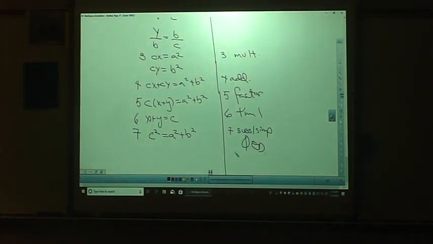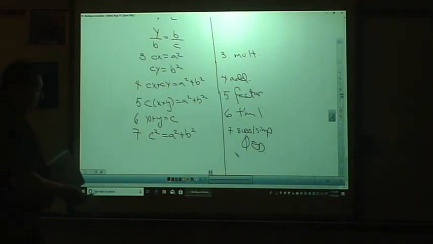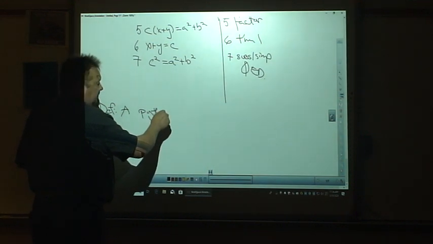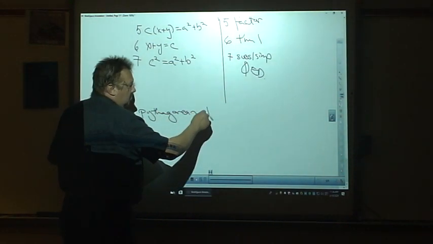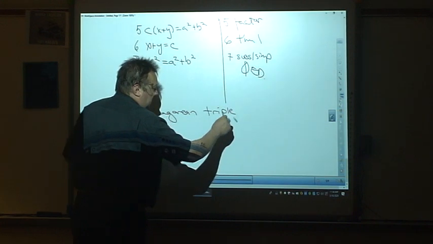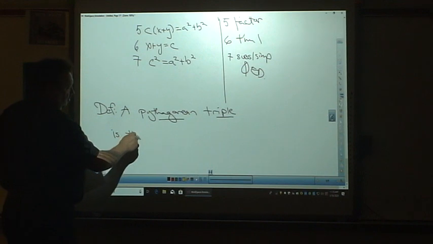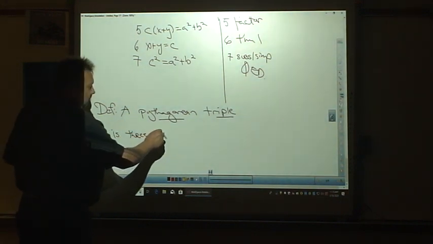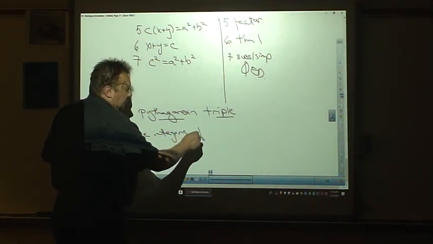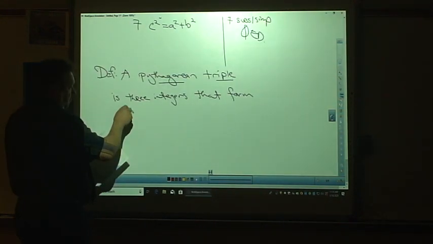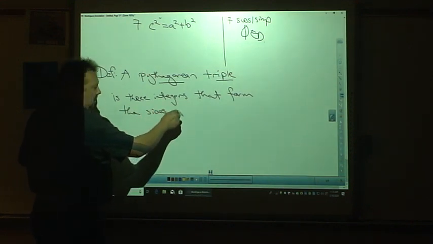There are also numbers, if you have three integers that fit into this, that's actually called a Pythagorean triple. A Pythagorean triple is three integers that form the sides of a right triangle.